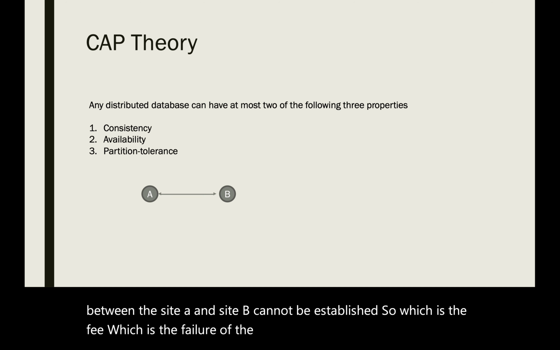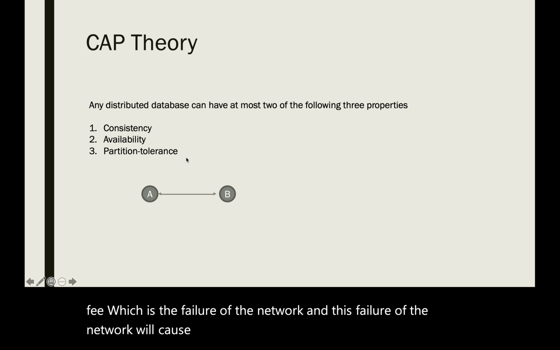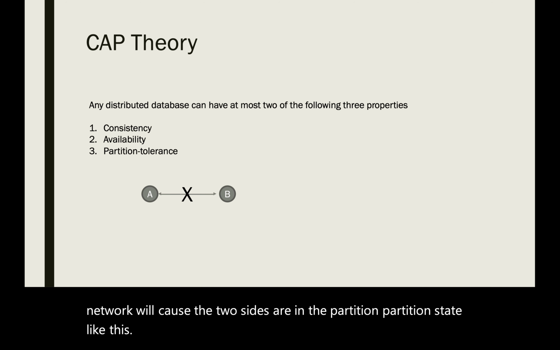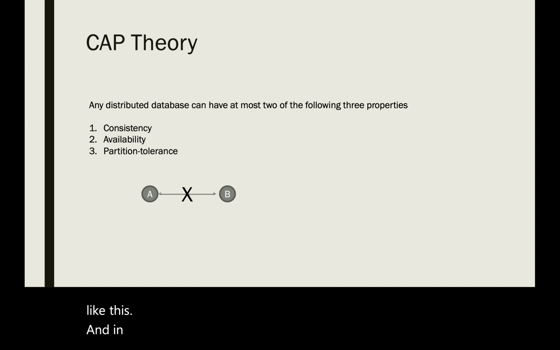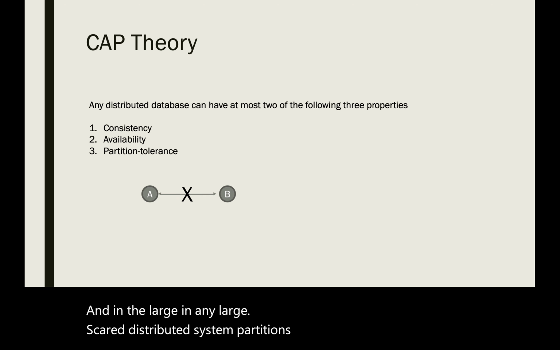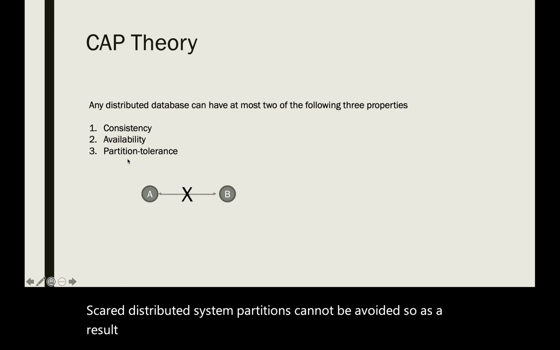This failure of the network will cause the two sites to be in a partition state like this. In any large scale distributed system, partitions cannot be avoided. As a result, either availability or consistency should be sacrificed.